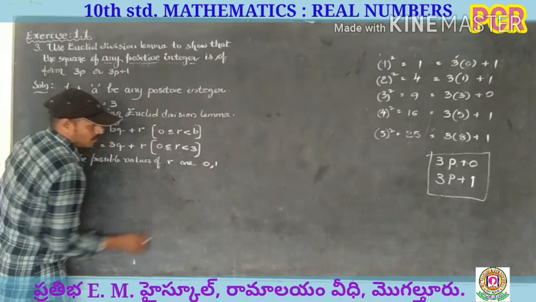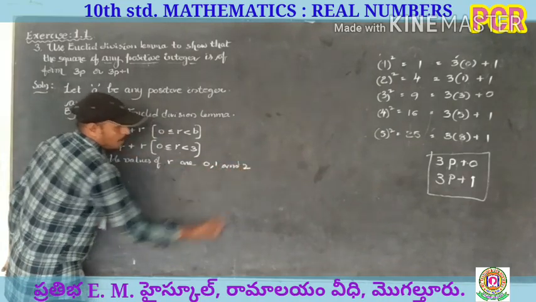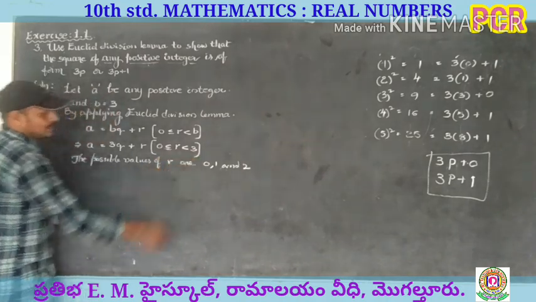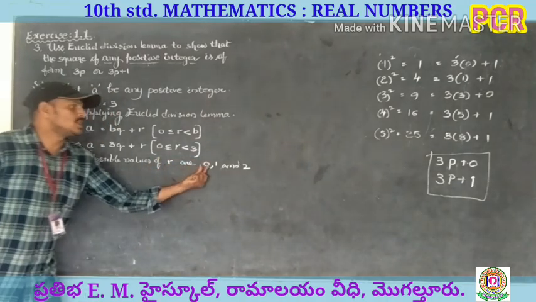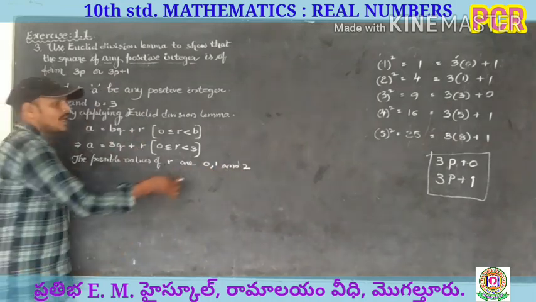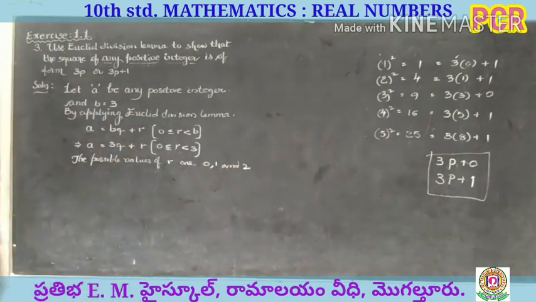That means 1 is less than 3, and 2, but not 3, because r is less than 3. So these 3 are the possible values of r. Now we can substitute these 3 values in this form.